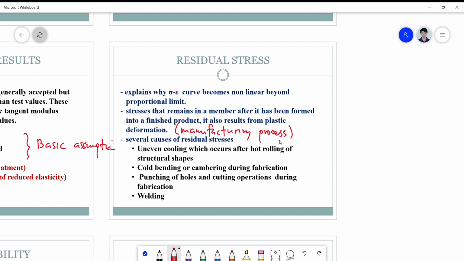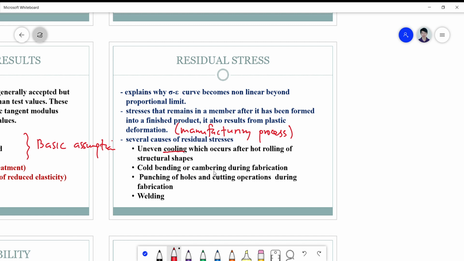And several causes of residual stresses are specifically stated here: the cooling process. Upon applying the heat, of course, we need to cool down the temperature, and this gives a significant effect on the residual stress coming from hot rolled shapes.